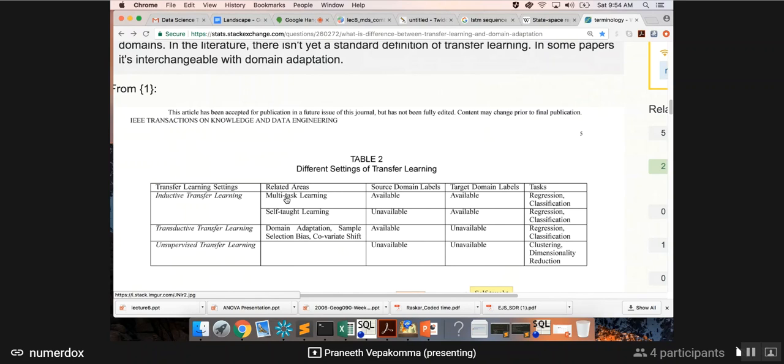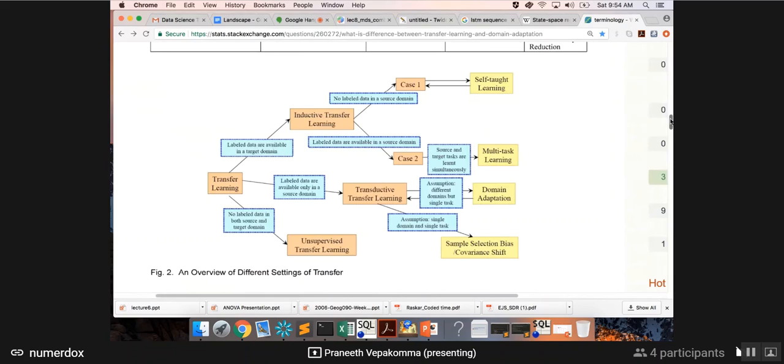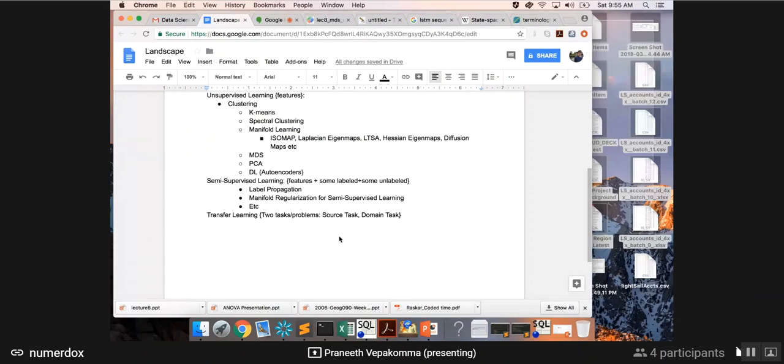That's why I said I want to use this. For the benefit of us, since we are doing transfer learning, I will put this in our landscape. That is my favorite slide for transfer learning.